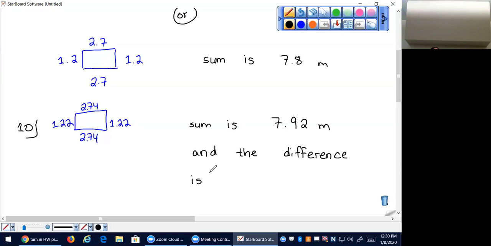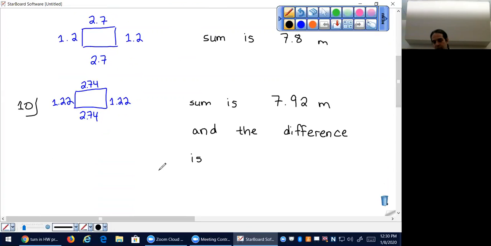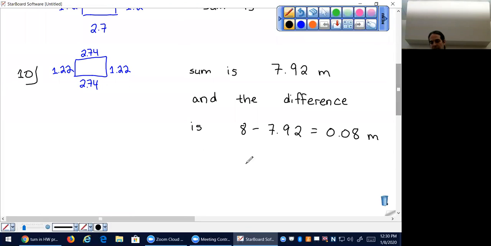Okay, what the difference is depends on which of the versions of problem 8 I did. So if you answered 8, then we're off by 8 minus 7.92, which would be 0.08. Or if you answered it the other way, nope, not 8.